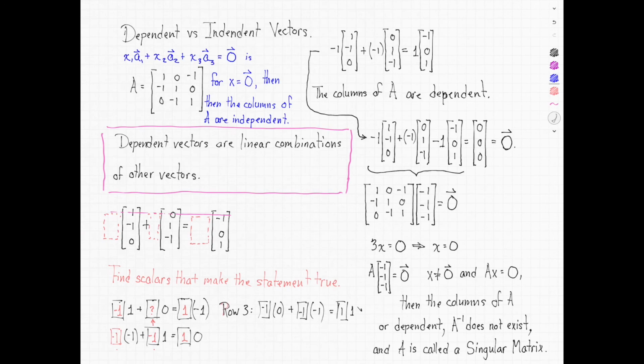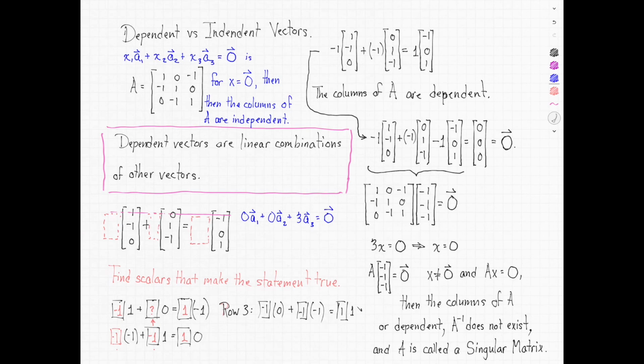So for example, if I had 0 times A1 plus 0 times A2 plus some number like 3 times A3, and it still equals the 0 vector, those are not independent. Those are still dependent columns.